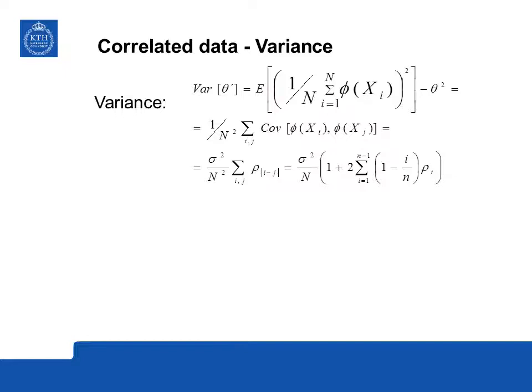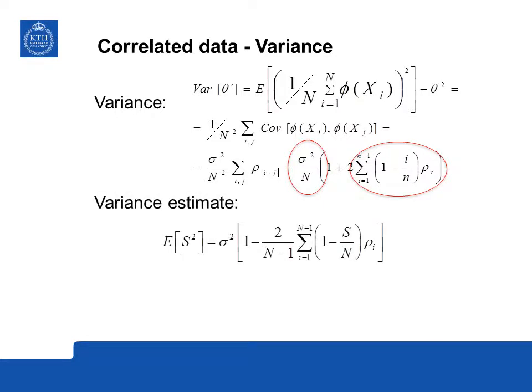So in this case we have the terms that correspond to the variance, which you can see here in the final expression as sigma squared over n, and then we have an additional term here to the right that corresponds to the correlated data. And you can see if the correlation coefficients rho i are positive, then this variance will always be larger than the original variance for the uncorrelated case.